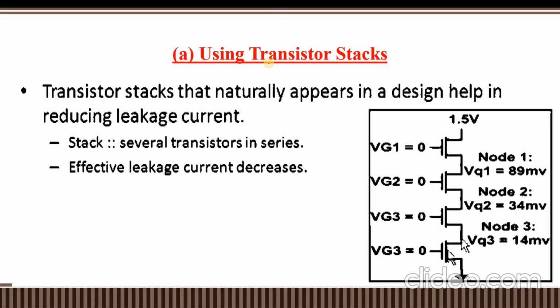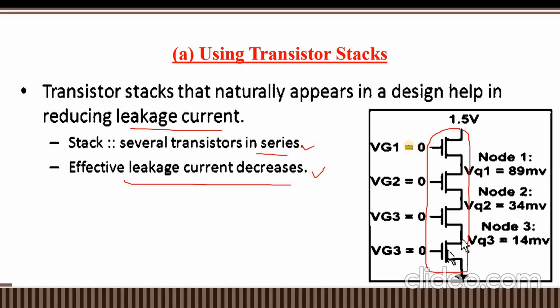First one is stacking of transistors. See here, all the NMOS transistors are connected in series. Transistor stacks that naturally appear in a design help in reducing the leakage current. Stack means several transistors are connected in series, so the effective leakage current also decreases.